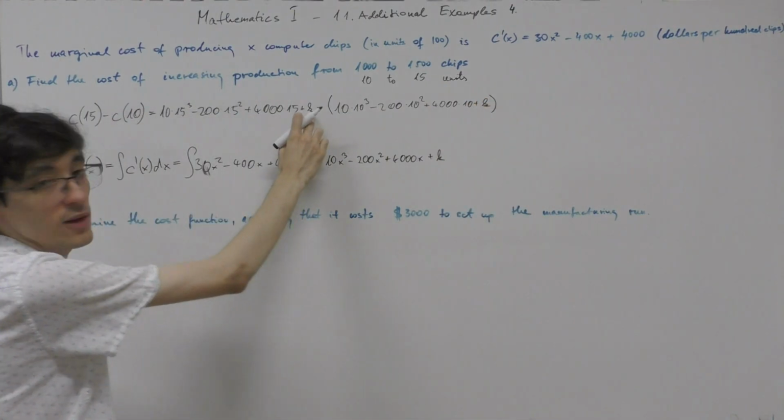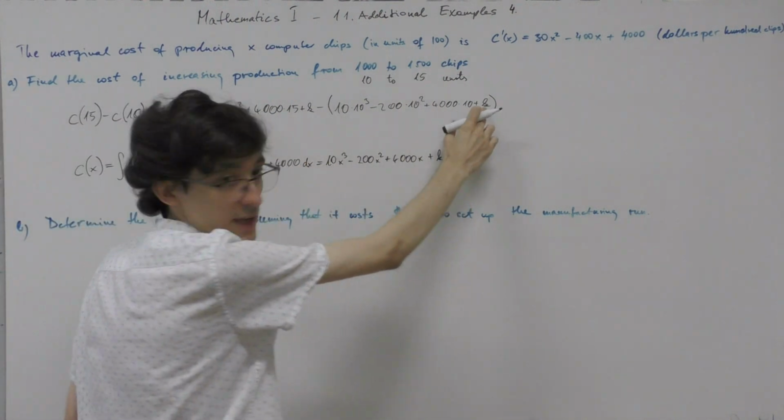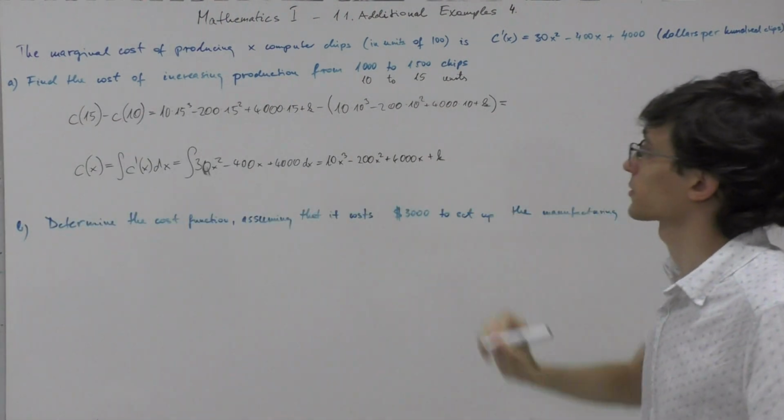Here you can see that we have plus k minus k. So those will disappear.